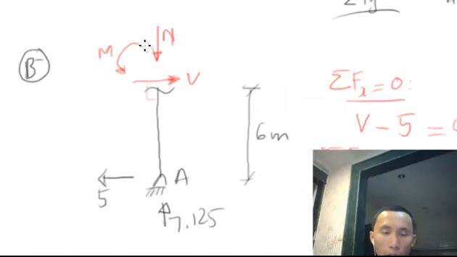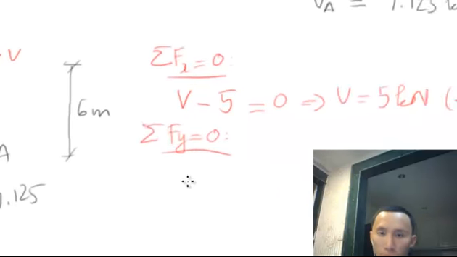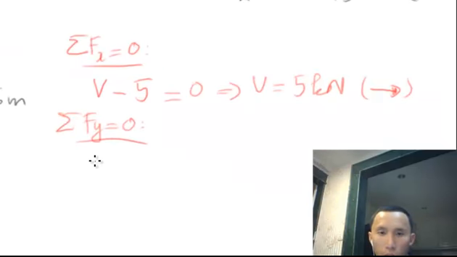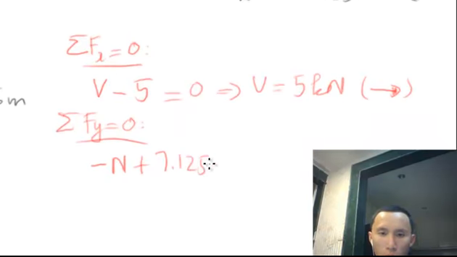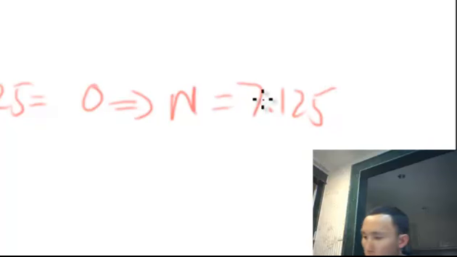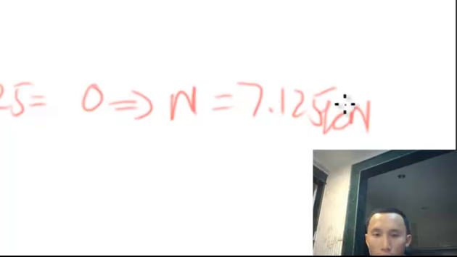We have N going down, so by our assumption down is negative N, and positive 7.125, which is upward, equal to 0. Therefore N equals 7.125 kilonewton. This is positive, so our first assumption is correct, so it goes down.